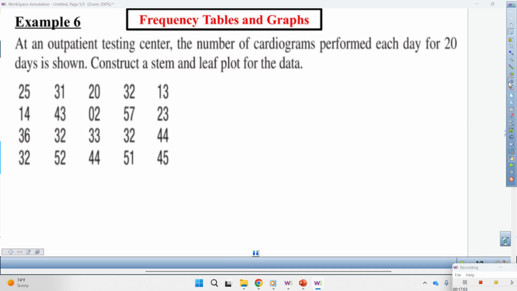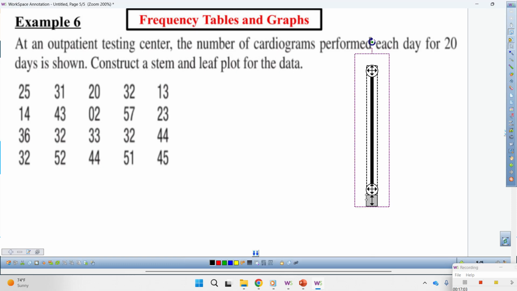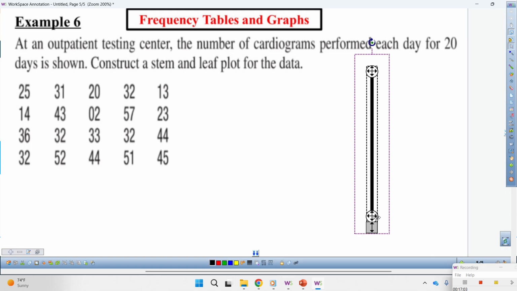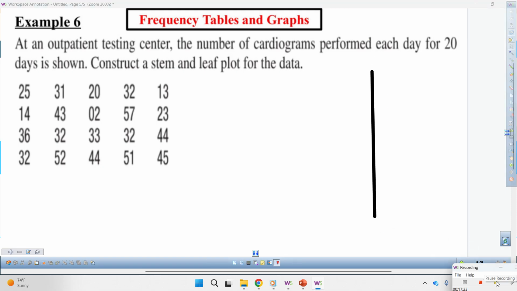First, when you are given data and they ask you to put together a stem and leaf, first thing you do, look up, sketch a line straight down, please. Straight down. Kind of like plants, that's our stem, the stem of the plant. All right, we good? Next, check what's the least amount of data that we have and what's the highest.